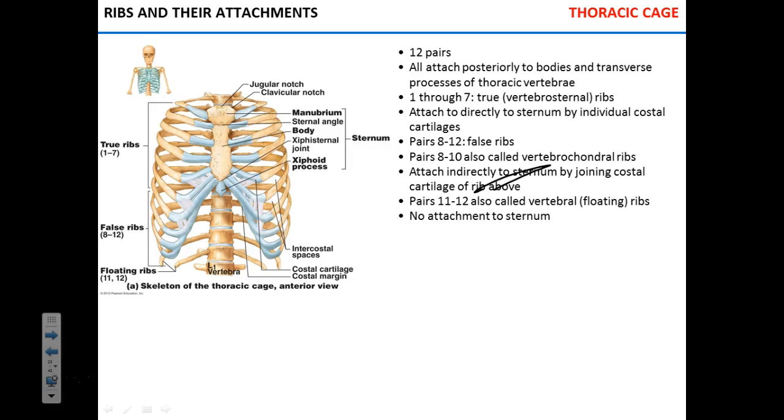So first, 7 ribs. And a little word about the anatomy exam. During the anatomy exam, you are allowed to walk to Marvin or Melvin. You are allowed to use models. Does that make sense?